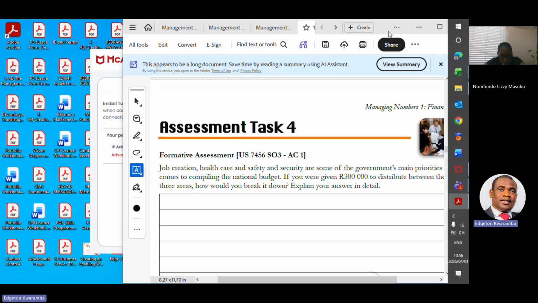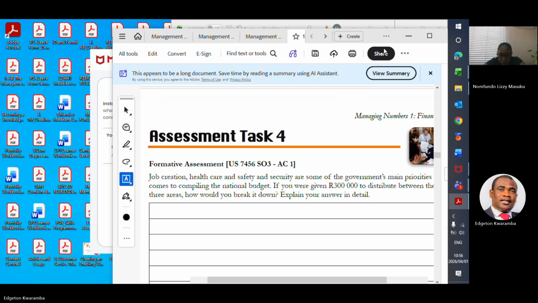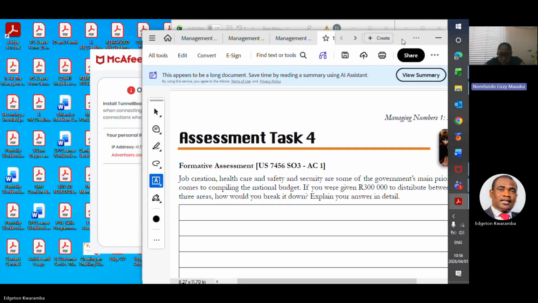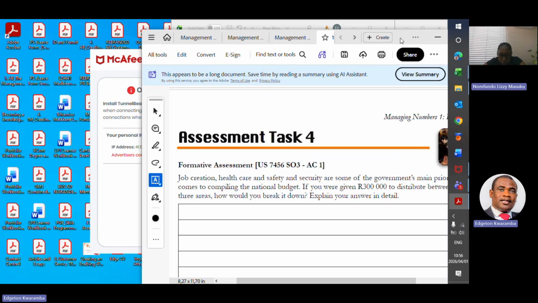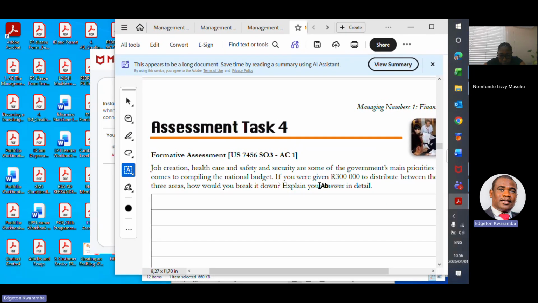So for instance, they did put 3 departments here, through challenges. One is job creation, the other one is healthcare, and the other one is safety and security. If you are living in South Africa, you will understand that jobs are a big challenge. Unemployment is very important.